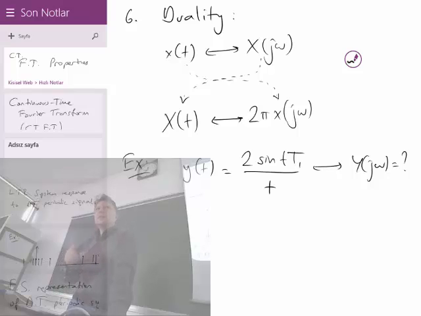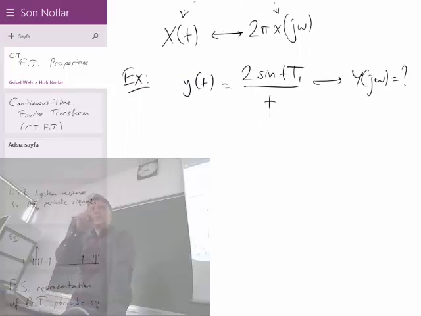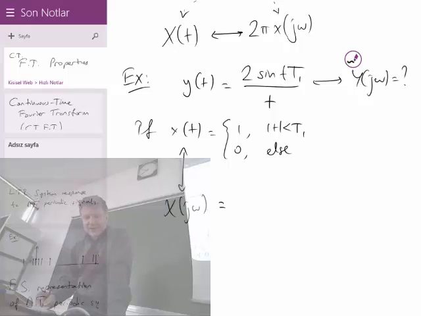From the typical transform pair tables that you have to bring with you in the exam, you will have to make an inspection and notice that if we have an x of t that is a rectangular shape, 1 for magnitude of t less than T1 and 0 outside, the Fourier transform of this thing will be X of j omega equal to 2 sine omega T1 over omega.